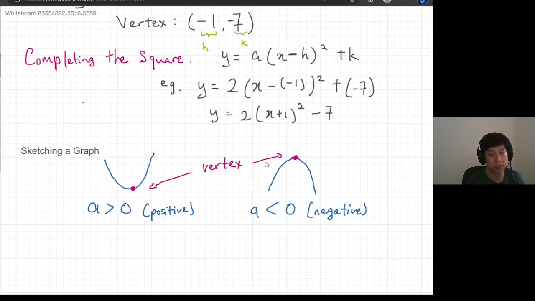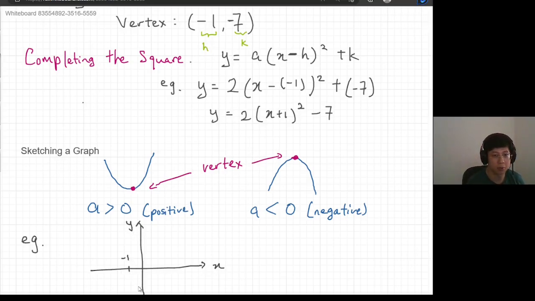And when we want to sketch these graphs, we already have the vertex from the process that we did earlier, using the fact that the vertex always occurs at x equals negative b over 2a. So if I were to sketch this graph y equals 2 bracket x plus 1 squared minus 7, after sketching my axes, x and y, the key thing would be to find this point, negative 1, negative 7.